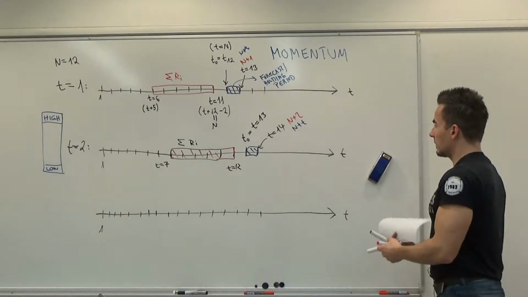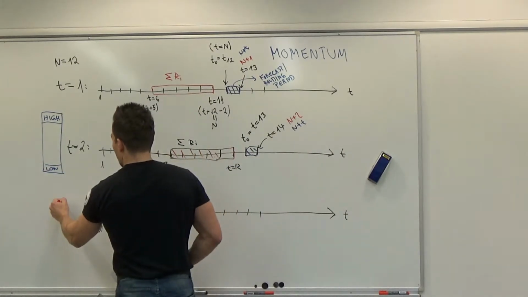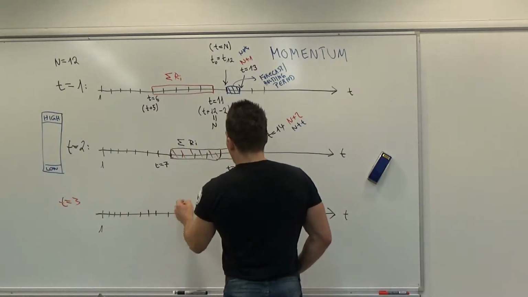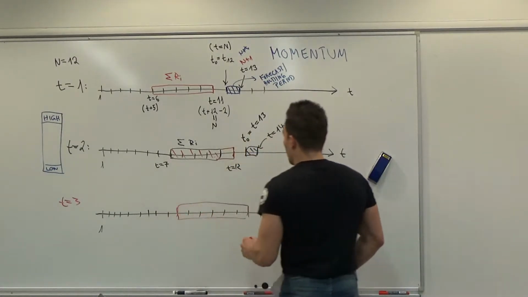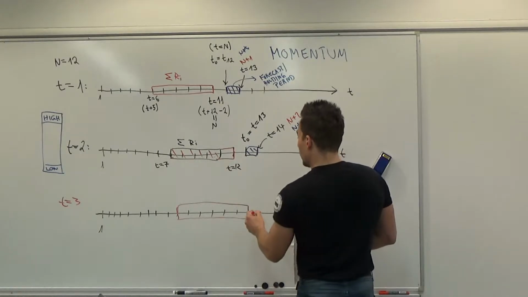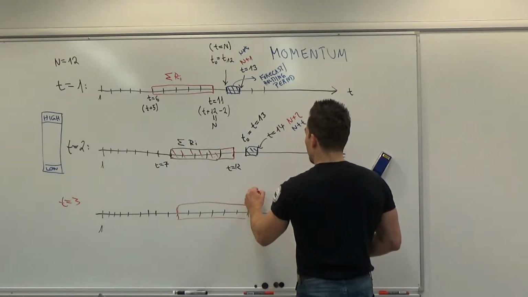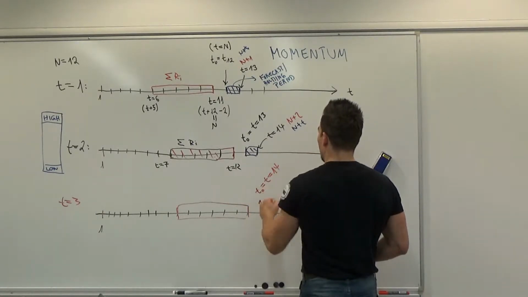And the third iteration is exactly the same thing. Now we are at t equal to 3, and we do the same thing all over again. Now we accumulate the returns in this period here. Now we are at t is 14. This is now our T0, T0 is t equal to 14.